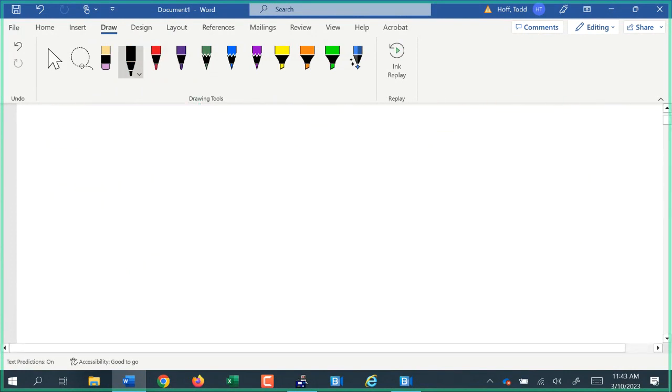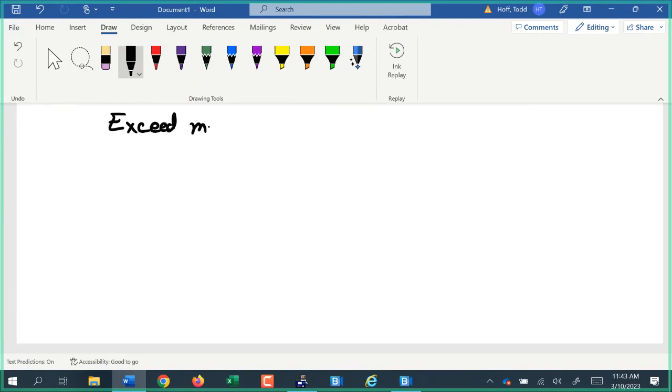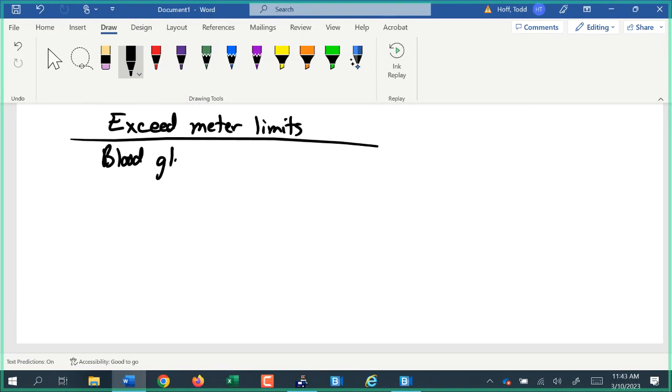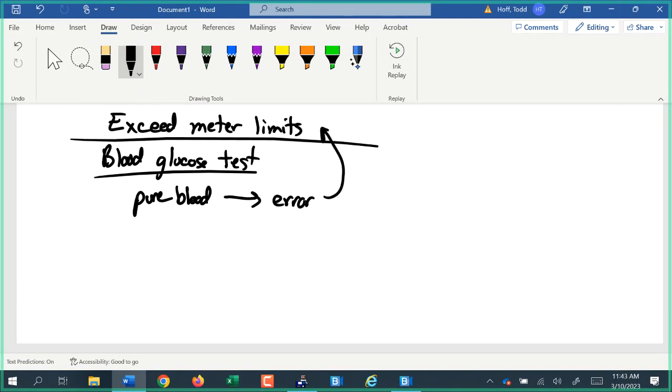A case where it is additive is when it's already a fluid that we are mixing. And we looked at this in a case where we exceed the meter. So we test a blood sample, doing a blood sugar test. So for a blood glucose test, the initial reading with pure blood gives us an error or a message saying that that limit is exceeded.